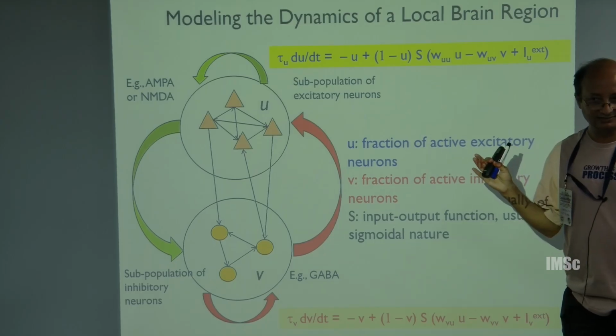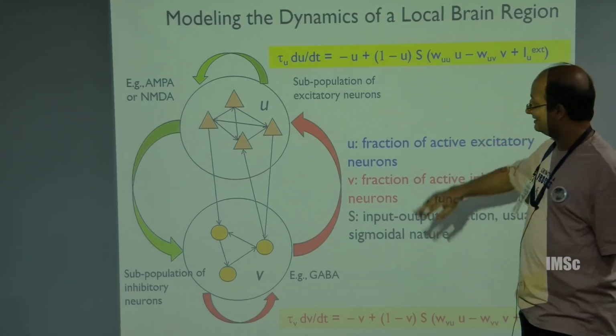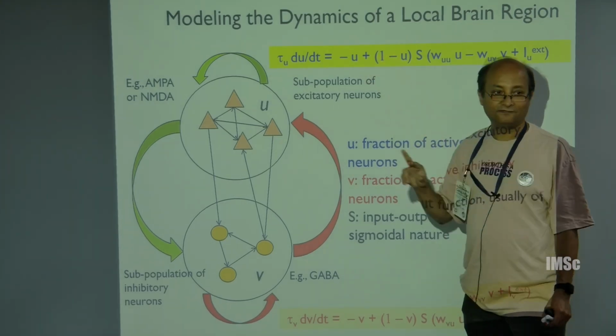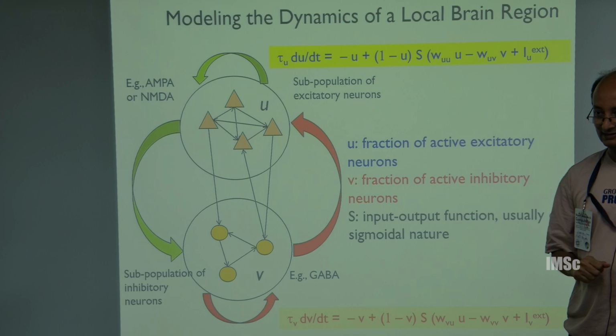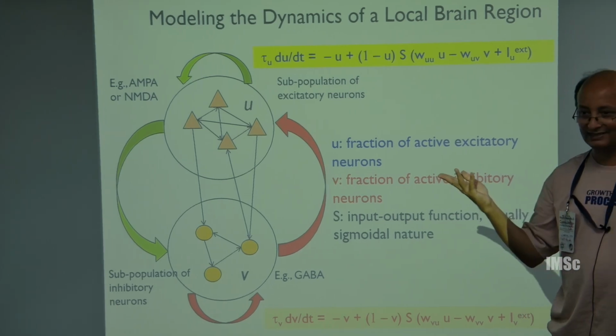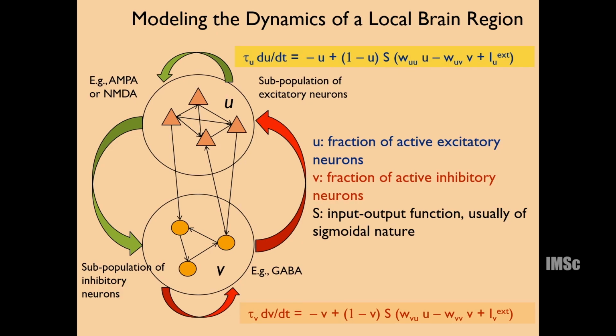Any questions? No. Okay. Now comes the interesting part. The 1 minus u is the fraction which is not yet excited, so they are free to be excited. What fraction of them would be excited if you now allow all these connections? That is the question you are asking. This function tells you that if you have u fraction of firing excitatory neurons and v fraction of firing inhibitory neurons, and you have some external current given to the excited population.